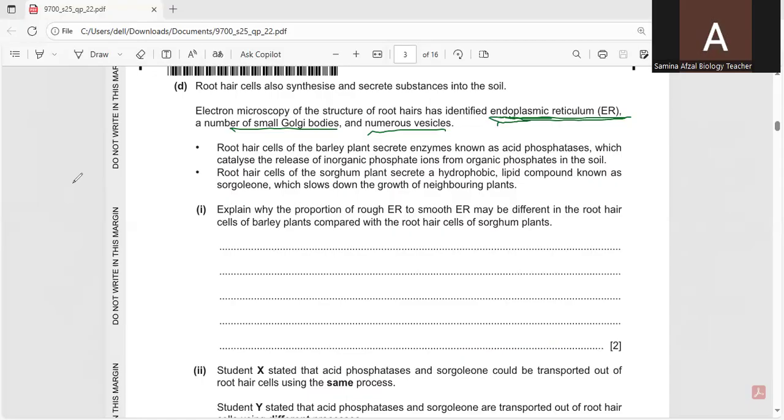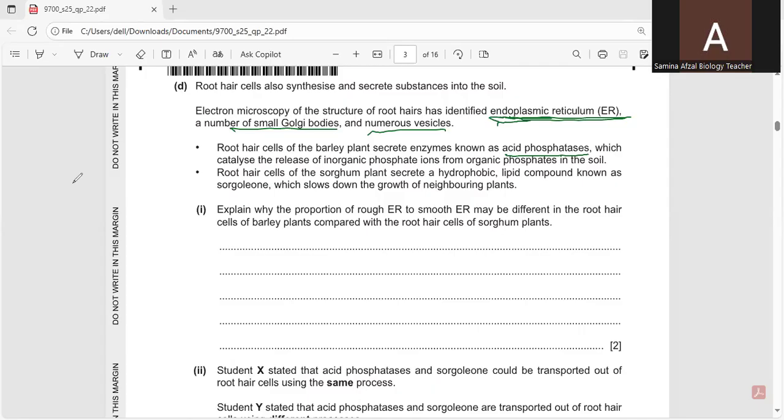Root hair cells of the barley plant secrete enzymes known as acid phosphatases. Enzymes are protein in nature, and they catalyze the release of inorganic phosphate from organic phosphate into the soil. Second statement: root hair cells of the sorghum plant secrete a hydrophobic, water-hating lipid compound known as sorgoleone, which slows down the growth of neighboring plants.